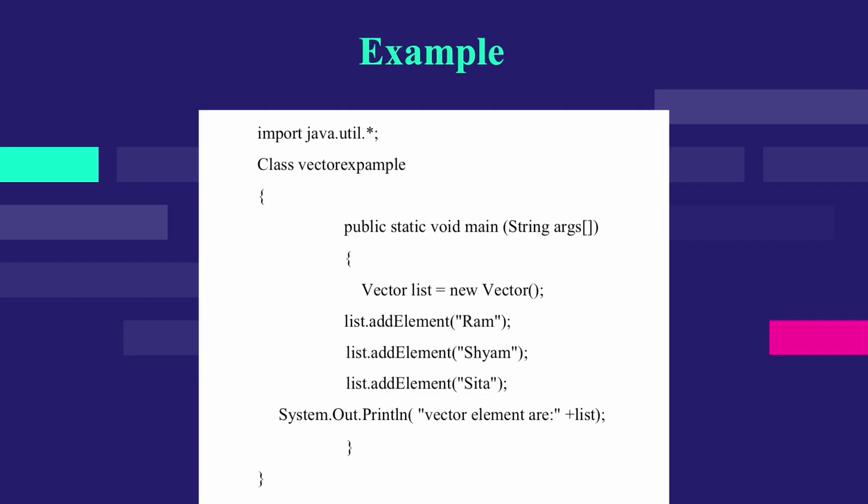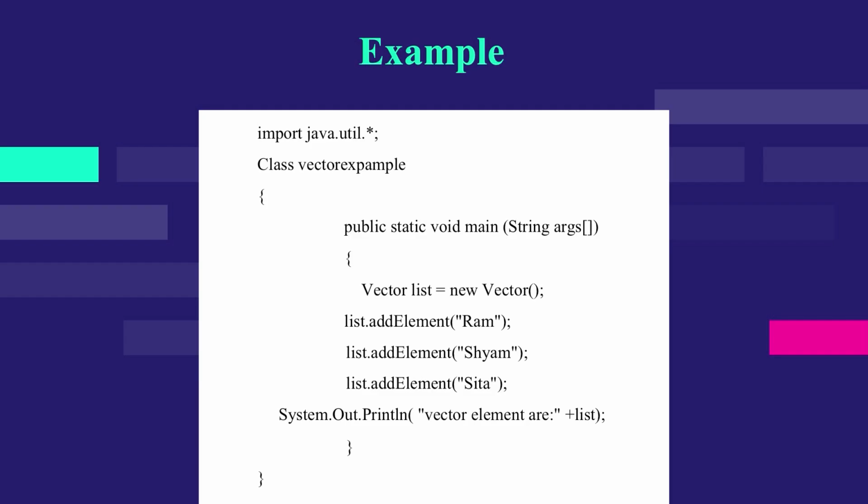Here we create a vector: Vector list = new Vector(). Then list.addElement("Ram"), which adds an element at the end of the vector. Here Ram is a value, defined in double quotes, so it is a string.